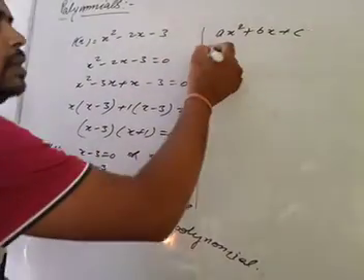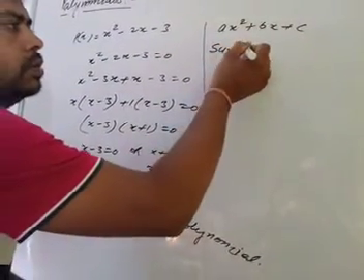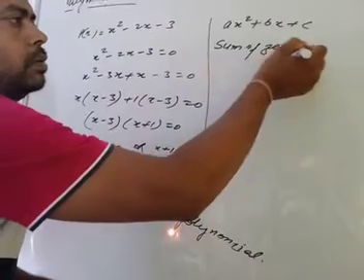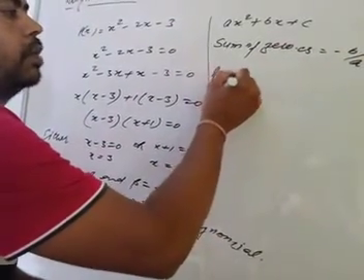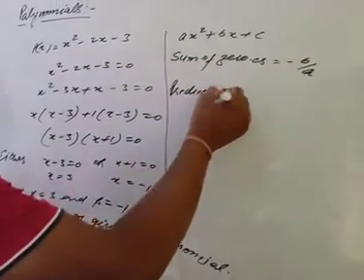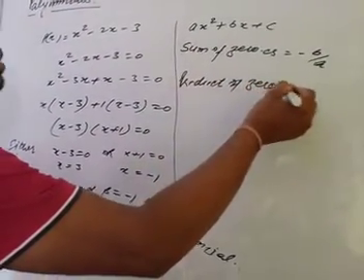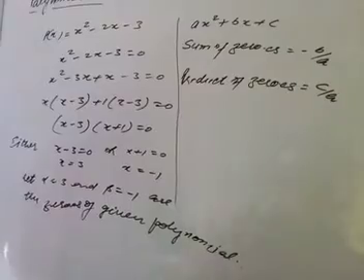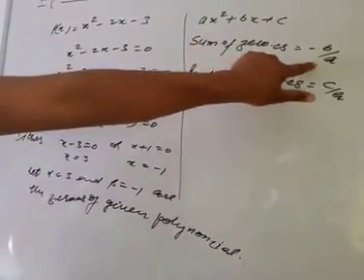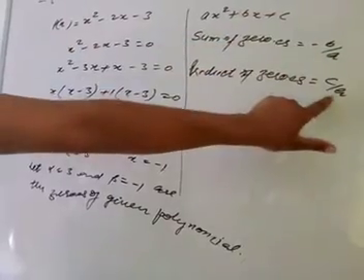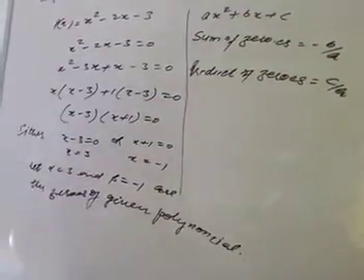In this, the sum of zeros is minus b upon a. Product of zeros is c upon a. Here b is the coefficient of x, a is the coefficient of x square, and c is the constant term.